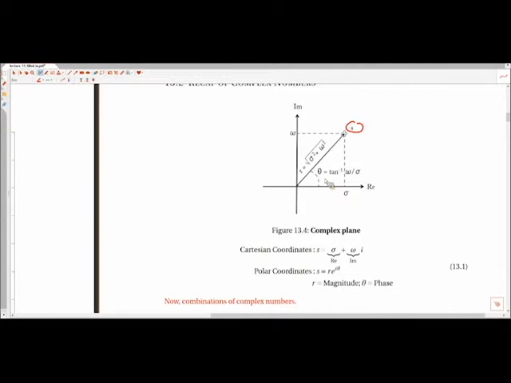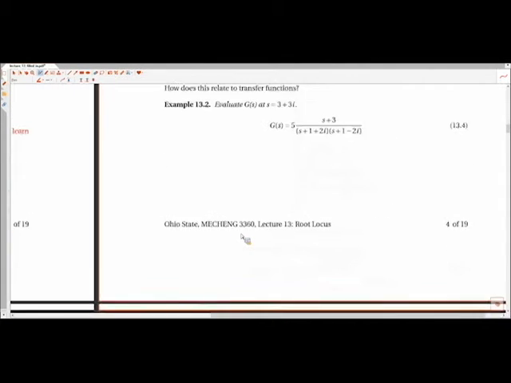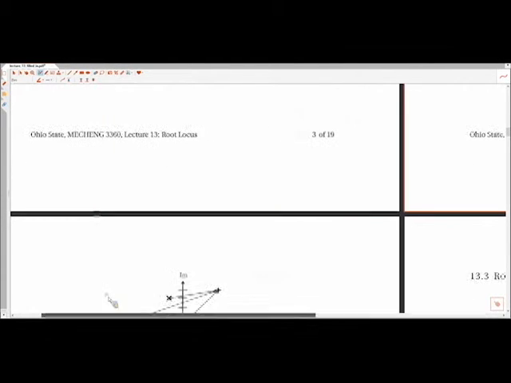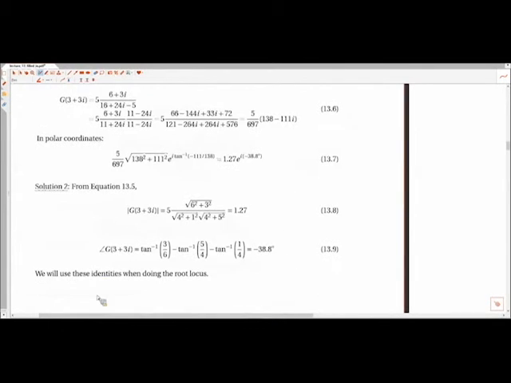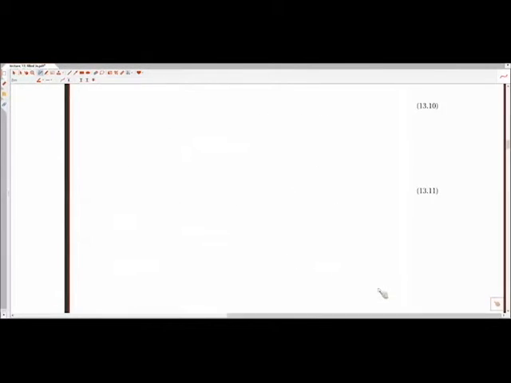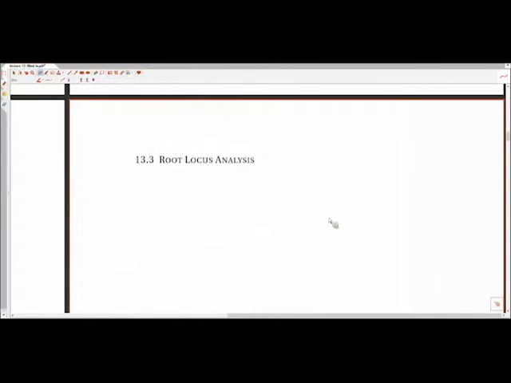Then we would write in polar coordinates that S is equal to R e to the i theta. That's going to be the easiest way to analyze these systems. All right, this goes through some examples, verbatim copied from lecture 2. Okay, so root locus analysis.